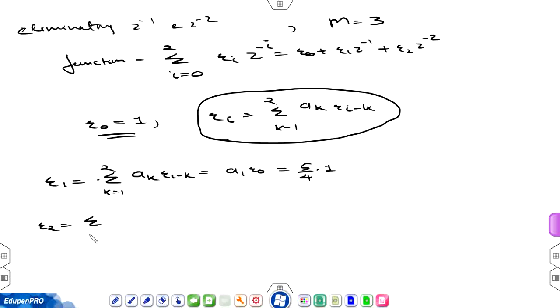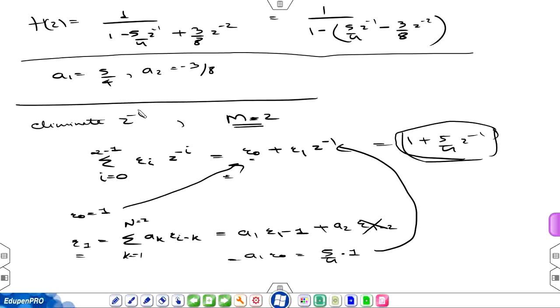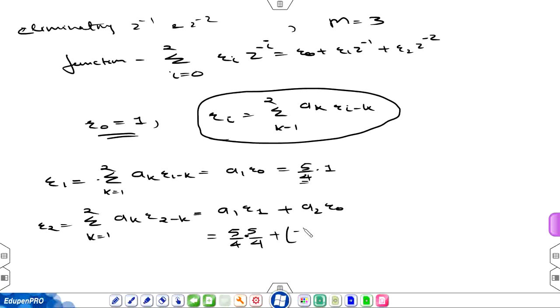And r_2 is summation k equal to 1 to 2 a_k r_(i-k), with i equal to 2, that is a1 r_1 for k equal to 1, since 2 minus 1 is 1, plus a2 r_0. Here a1 is 5 by 4 and r_1 is also 5 by 4, and a2 is minus 3 by 8, and r_0 is 1, and this is 19 by 16.